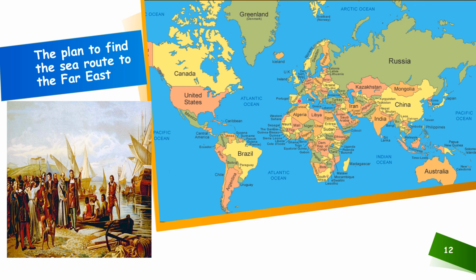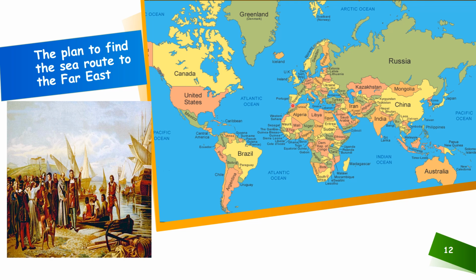These Europeans came from Spain, headed by Christopher Columbus, who was really from Italy by birth. The King and Queen of Spain, King Ferdinand and Queen Isabella, sponsored Christopher Columbus's voyage.